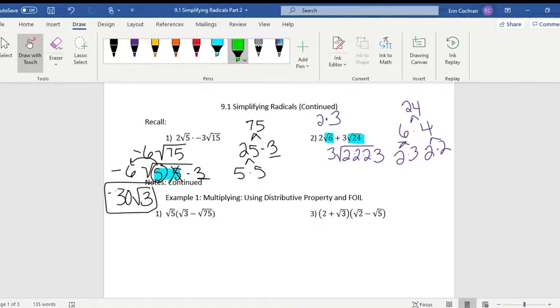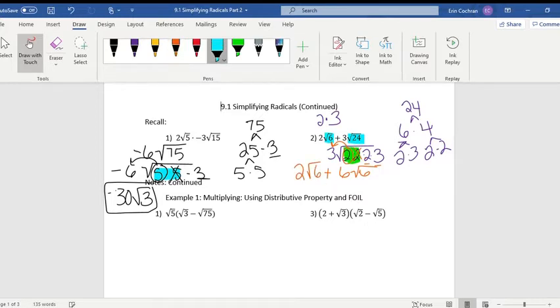And in this one, we have a pair of 2s. So I'm going to circle a 2, cross a 2, and this 2 and 3 does not have a pair, so it stays. The circle comes out, so 3 times 2 is 6, radical, and what's underneath? 2 times 3, which is 6 again. And then that was a plus sign in the front, and we have 2 radical 6 in the beginning.